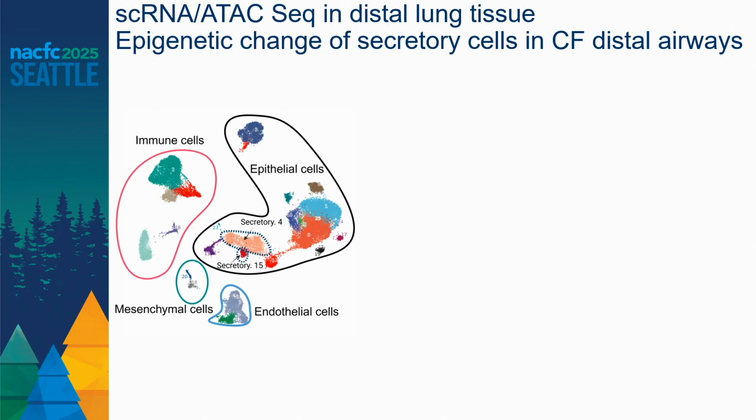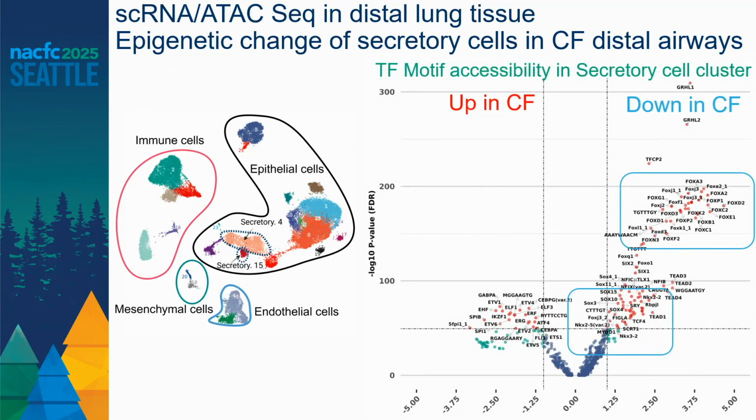And we could see most of all of the cell types usually detected from the lung tissue single-cell RNA sequences. When we check the secretory cell population in this volcano plot, I'm just showing secretory cell 15, but we could see the transcription factor activity, I mean motif accessibility estimated from the ATAC sequence data.